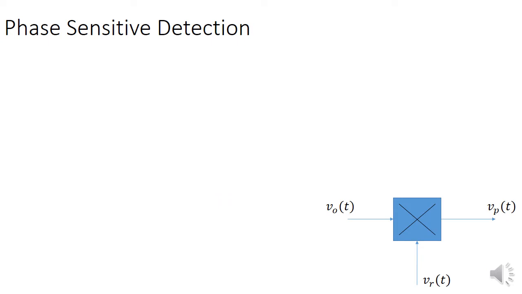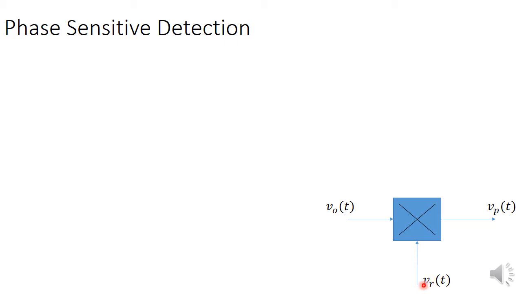At the heart of phase sensitive detection, we have a multiplier as shown on the screen. The input to the multiplier is the output of your signal conditioning circuit, which we looked at in the previous slide. And you take another signal, which is called the reference voltage here.